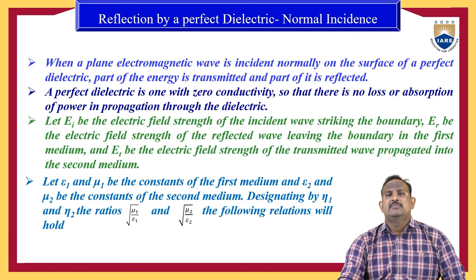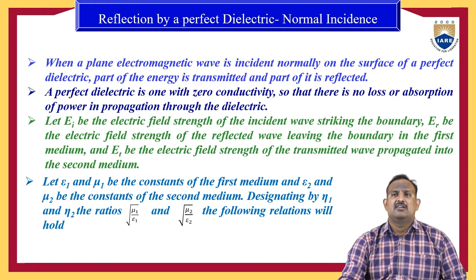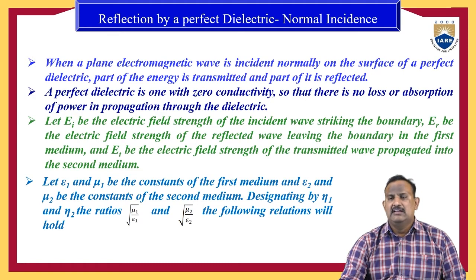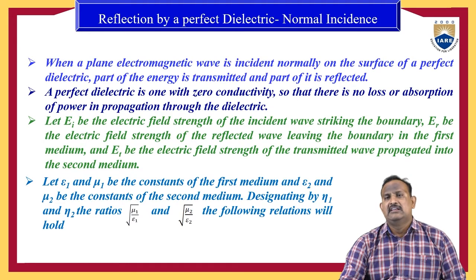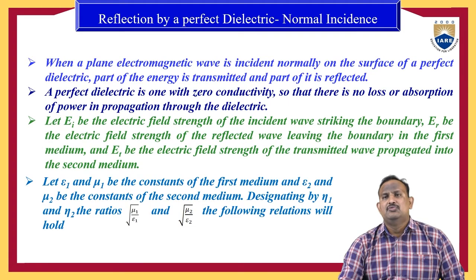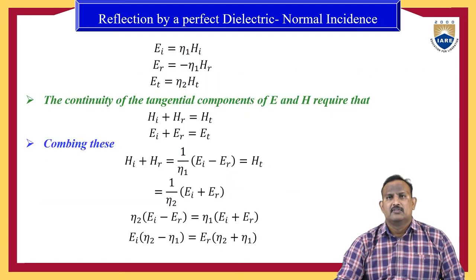Let epsilon 1 and mu 1 be the constants of the first medium, and epsilon 2 and mu 2 the constants of the second medium. Here we can define the intrinsic impedance eta: eta 1 equals root of mu 1 by epsilon 1, and eta 2 for medium 2 equals root of mu 2 by epsilon 2.